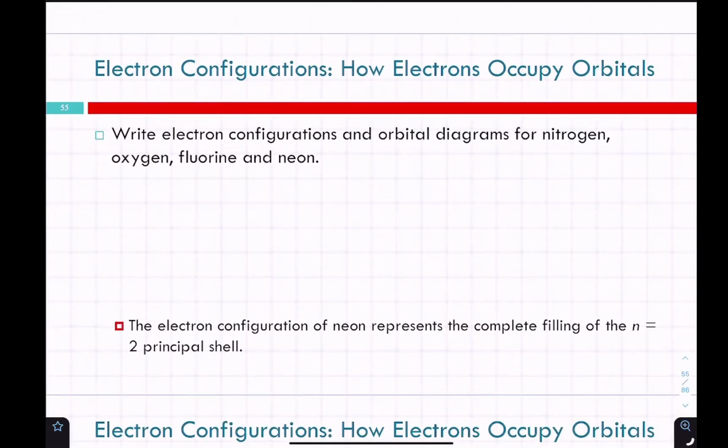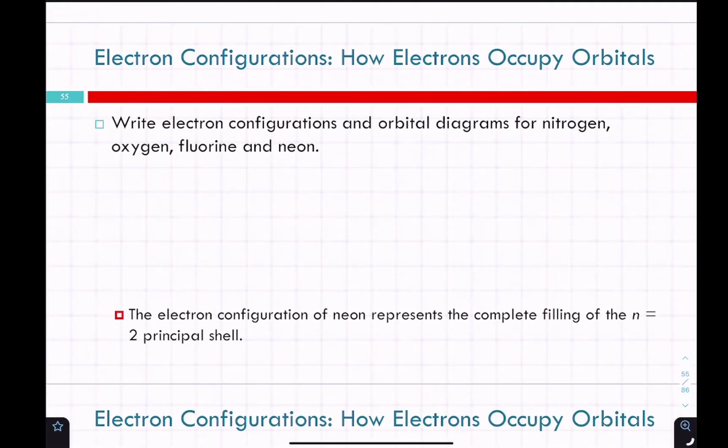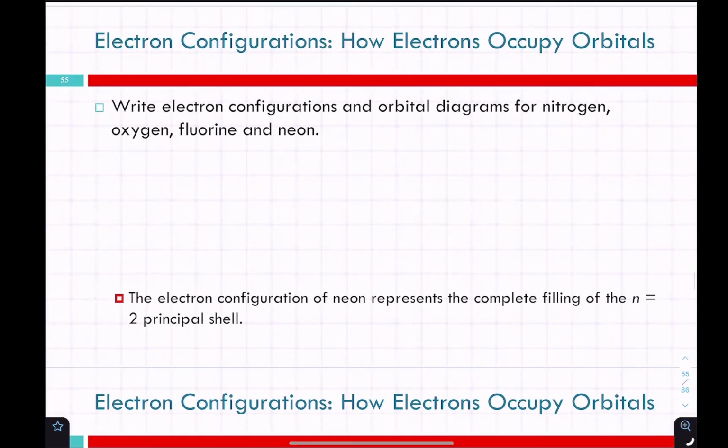All right, so let's do a few of these in quick succession, and you'll see what I mean by them being repetitive. So for nitrogen, we'll do the electron configuration first. Where do I start? Nitrogen is 7, so nitrogen is going to have 7 total electrons.